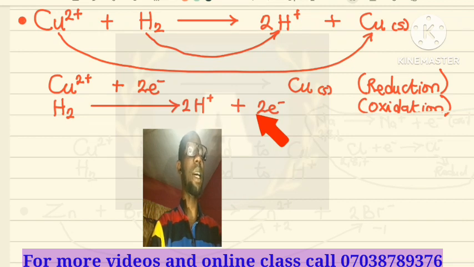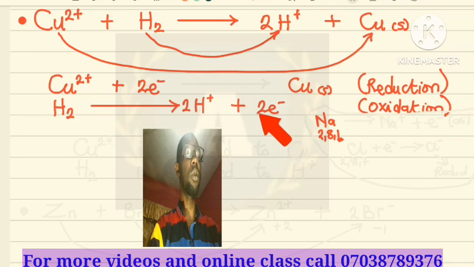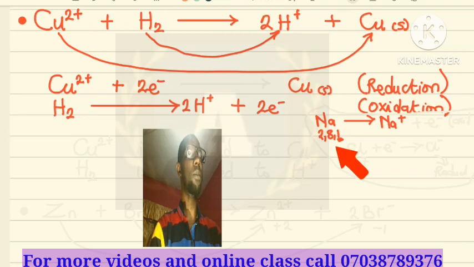Now you will understand this better. Look at sodium that we did the other time. Sodium has the atomic number 11 and has the electron configuration of 2, 8, 1. It is going to lose its outermost electron, and on losing the outermost electron, it forms sodium ion. That is the one electron that it loses. The loss of electron is oxidation.